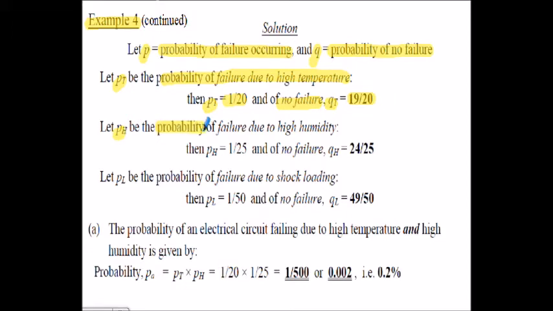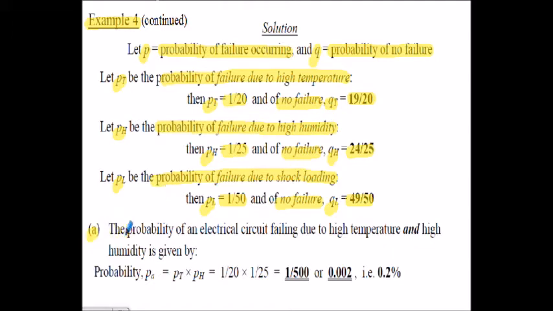PH, the probability of failure due to high humidity. From the previous slide, PH probability was 1 upon 25. The probability of no failure due to humidity, QH, is 24 upon 25. PL, the probability of failure due to shock loading, again from the previous slide, PL was 1 upon 50, and the probability of no failure due to shock loading, QL, is 49 upon 50.